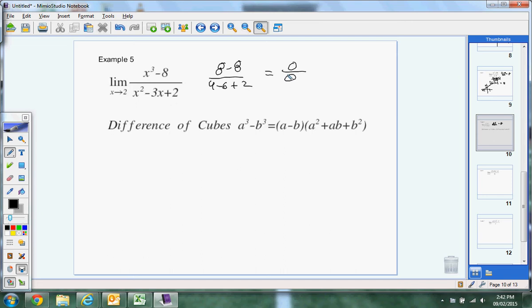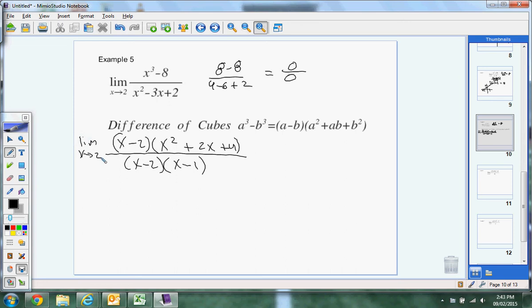So how this breaks down is x minus 2 times x squared plus 2x plus 4, all over x minus 2 times x minus 1, and this is still the limit as x approaches 2.